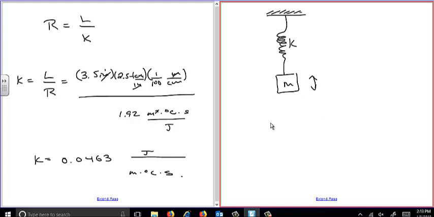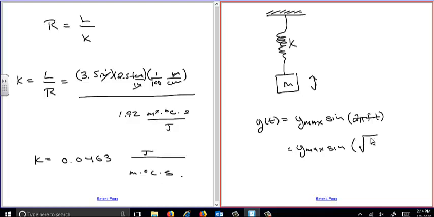And the key thing is that, in this case, y as a function of t is going to be some y max times the sine of 2 pi f t. But for the case of a spring mass system, it's equal to the square root of k over m.